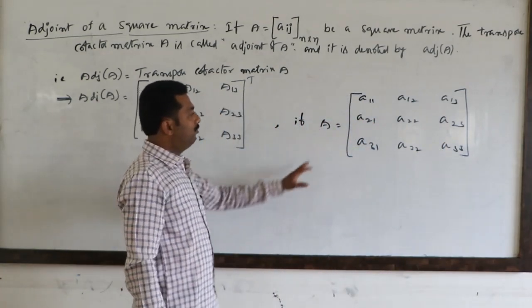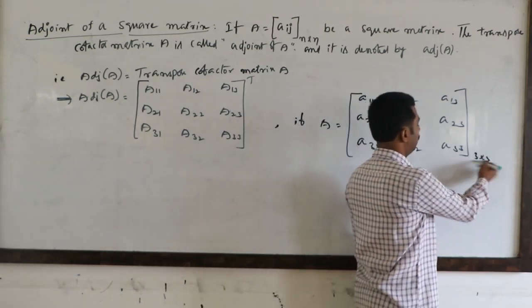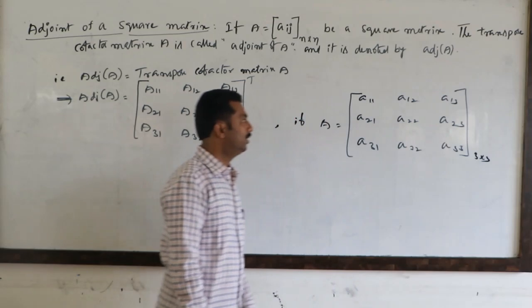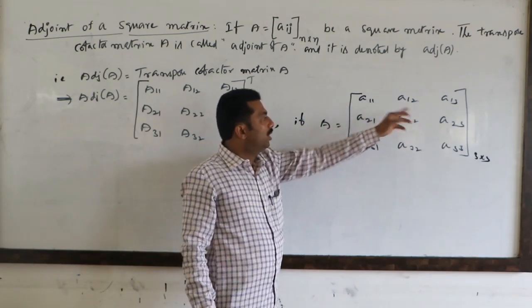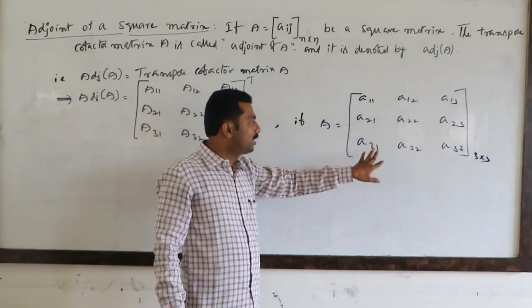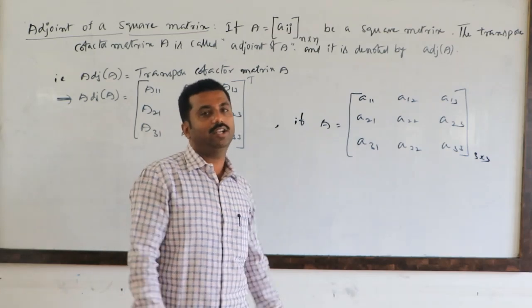So this is a 3 by 3 square matrix. These subscripts 11, 12, 13, 21, 22, 23 represent the position of the elements.